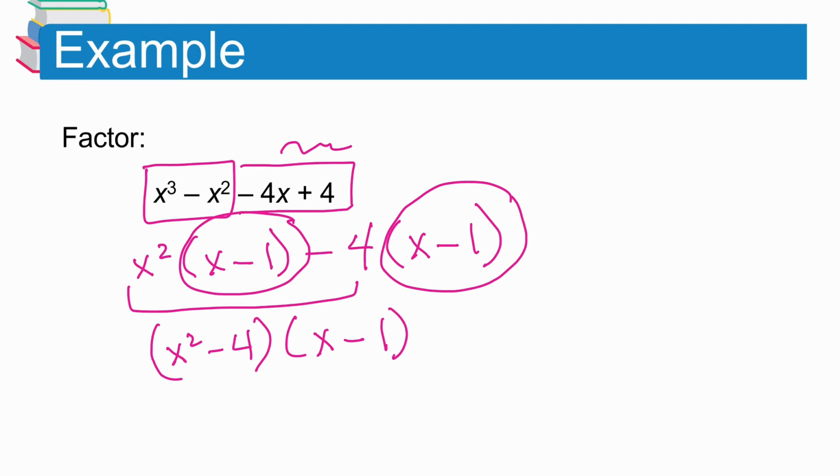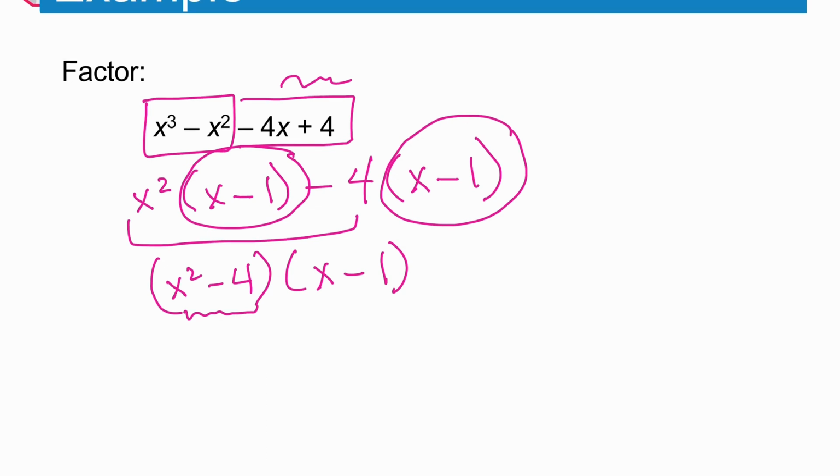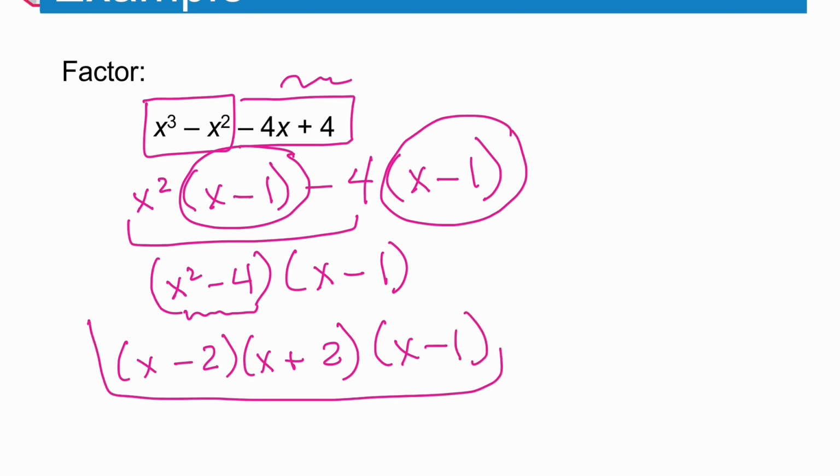But if I'm factoring, I'm not really done here, because I know that my x squared minus 4 can keep going. It would be that very first u squared minus v squared, right? And so I know that I can do u minus v and u plus v to factor it. And so this is my final answer on this one.